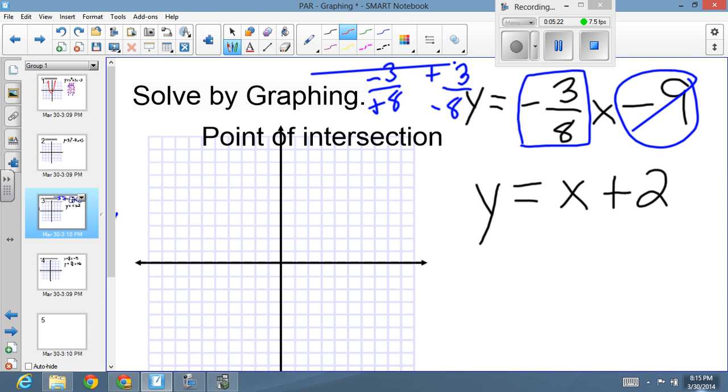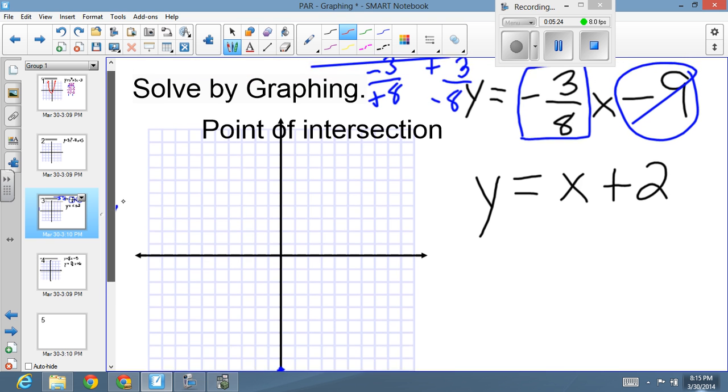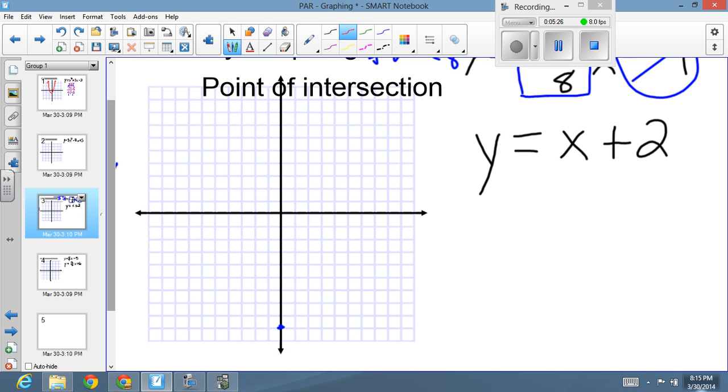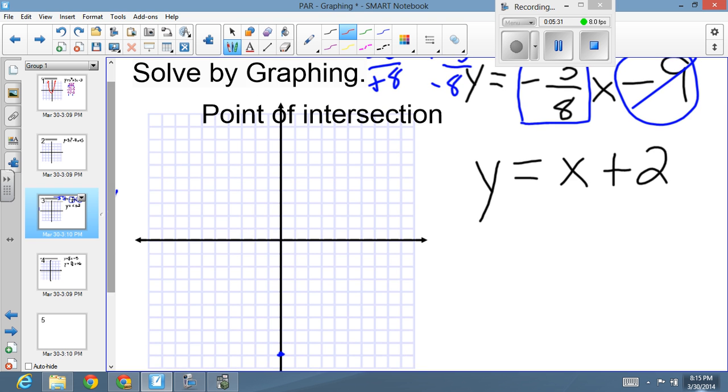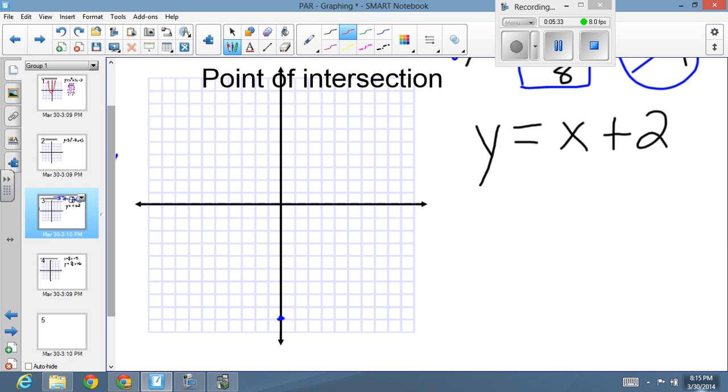Okay, so from my y-intercept of -9, I can go one of two ways. I can either go to the left 3 and then up 8. It's going to have me right about there. To the left 3, up 8. 1, 2, 3, 4, 5, 6, 7, 8.